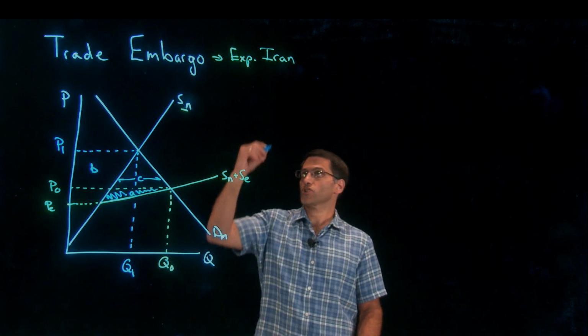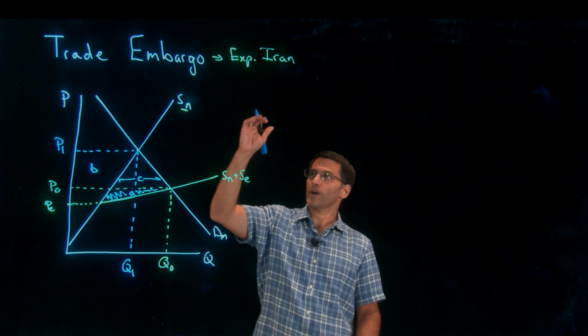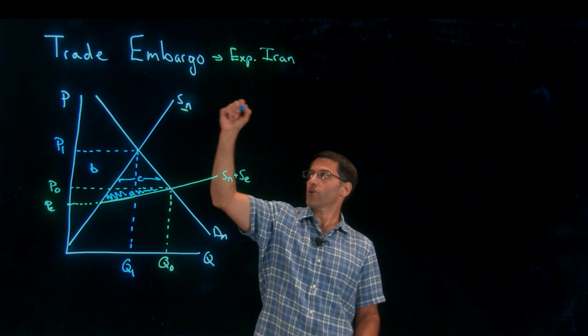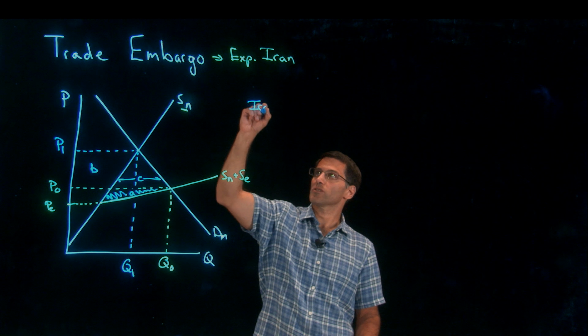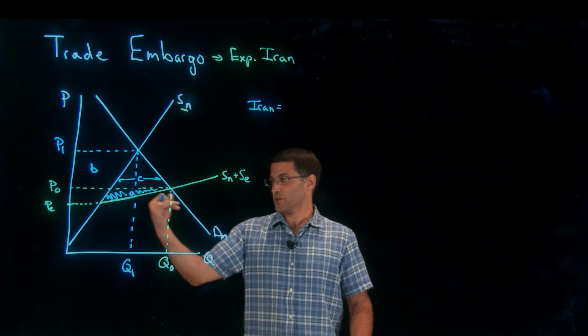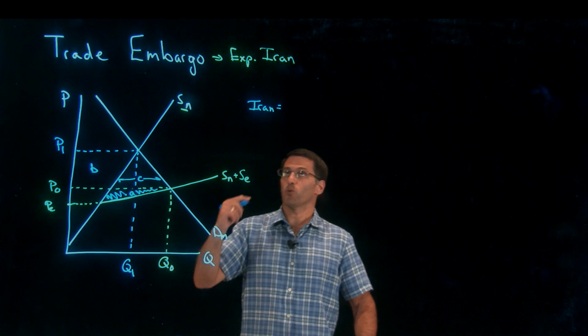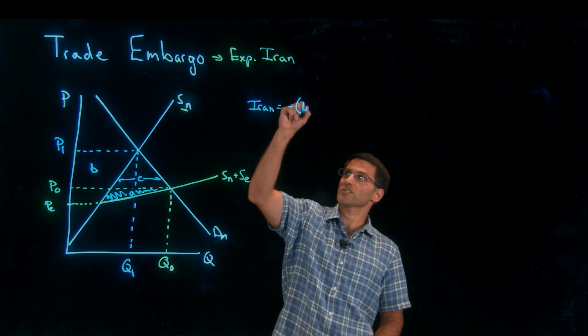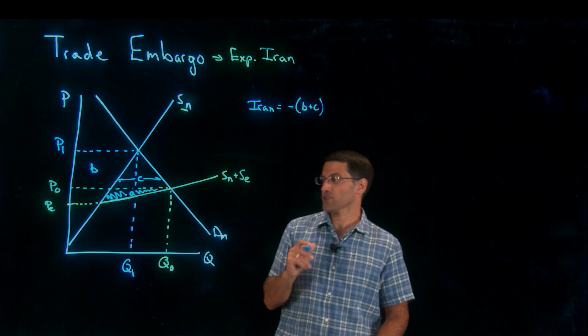So what is the change? What's the effect for Iran? Well, Iran's losing B and C in terms of consumer surplus, right? The price is going up, and they're going to import less. So those losses to Iran are in the form of lost consumer surplus.